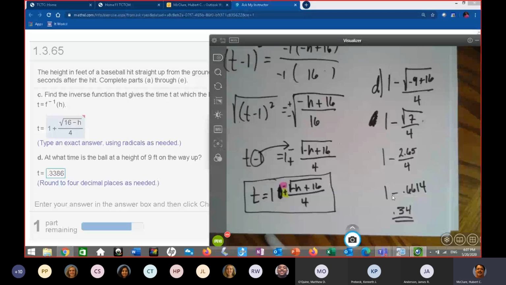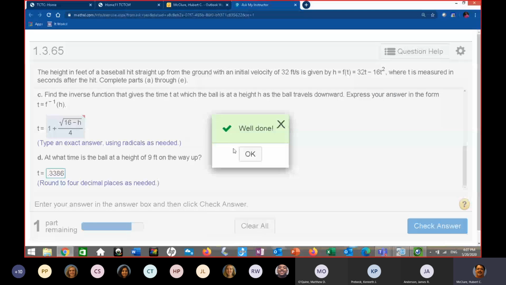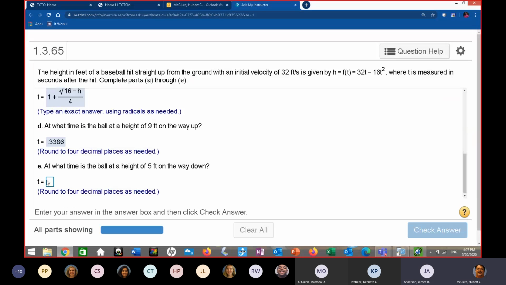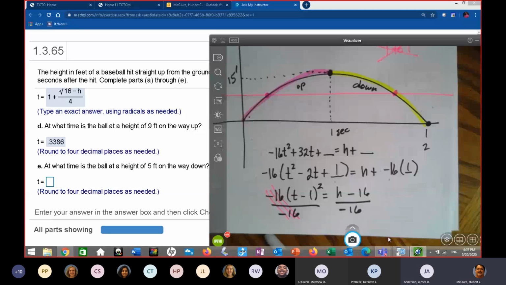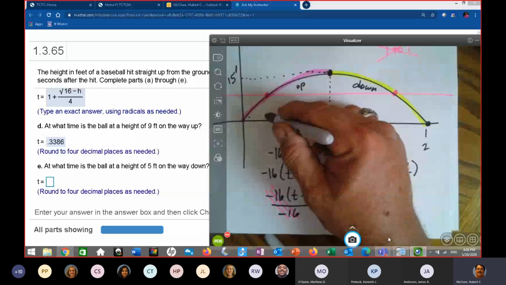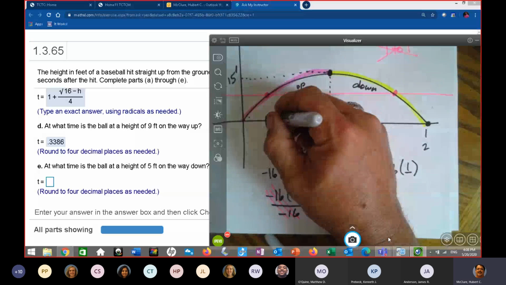Because here, what do we say? 0.33. I'm going to show you where we're at. 0.33. Well, see, that's a third. So at 0.33, we're at 9 feet. And now over here, what are they asking? 5 feet.